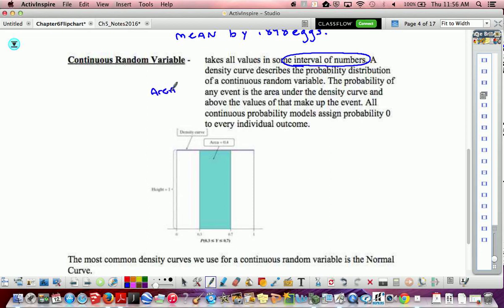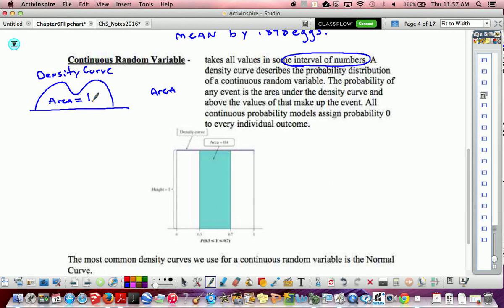For instance, if we go back to chapter 2 when we talked about density curves, a density curve gives you the pattern of what your distribution will look like. If I have a density curve of some kind, I know that the area underneath the density curve will equal 1.